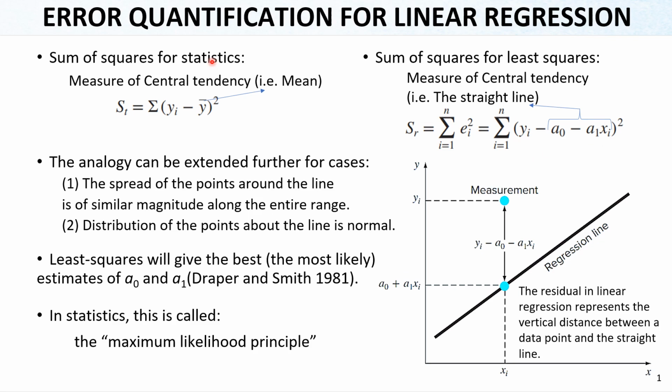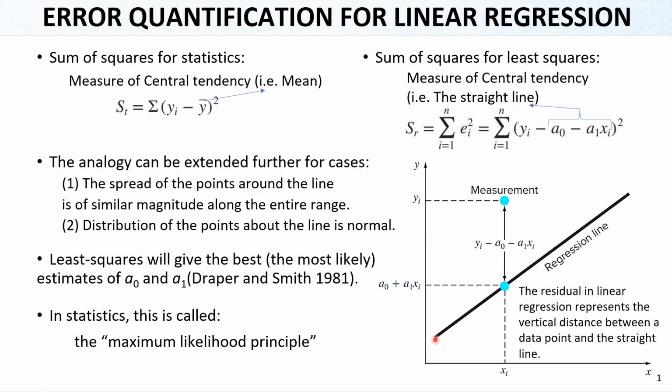And this similarity of the statistics measure of central tendency and the least squares measure of central tendency can be extended further for cases as follows. Basically, the spread of the data points around the line is of similar magnitude along the entire range. So basically, they all have near zero values.